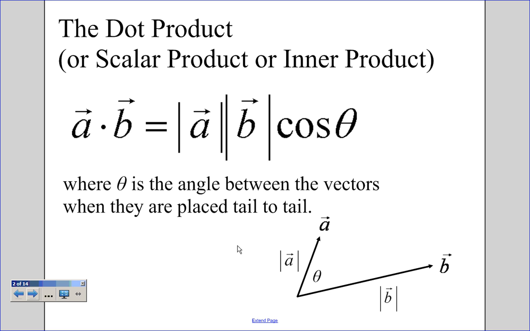Now the dot product is one way that we can multiply vectors. But multiplying vectors doesn't make a lot of sense. But when we do that, we get this thing called the dot product. Every year, students are a little upset when I first tell them that this number doesn't mean anything in particular in this physical drawing.